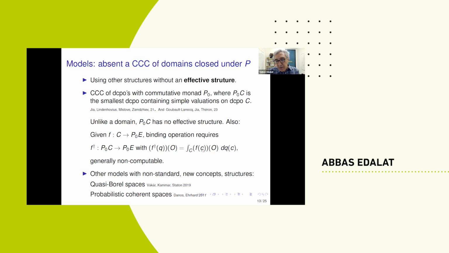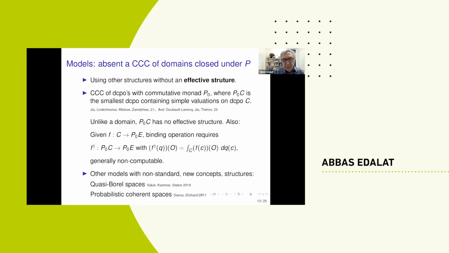As little c varies over capital C, you have to evaluate this on open set O, and then integrate with respect to the probability distribution Q, which is given in this input P0C. So this is evaluating a kind of average of probabilities over a probability, which is generally non-computable.